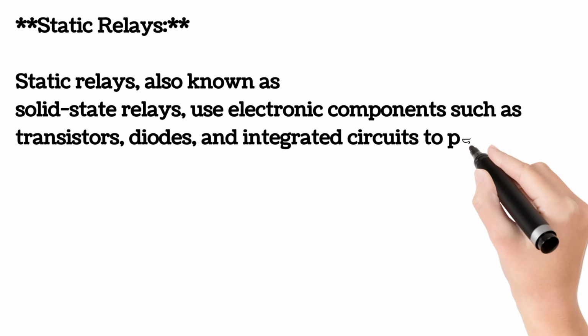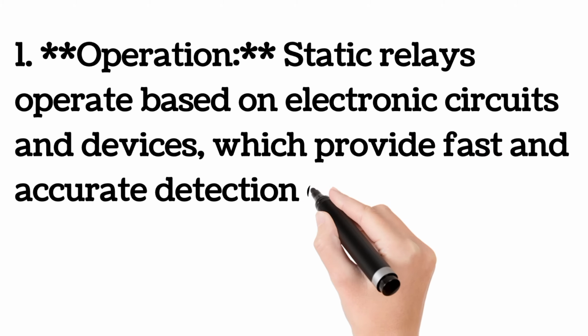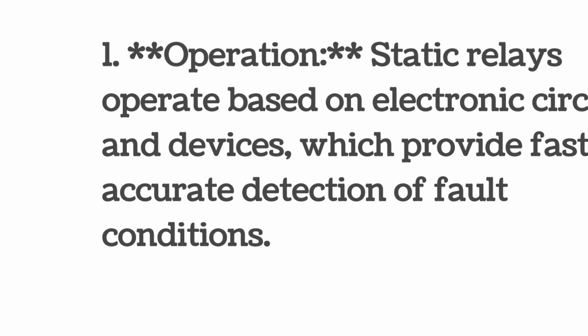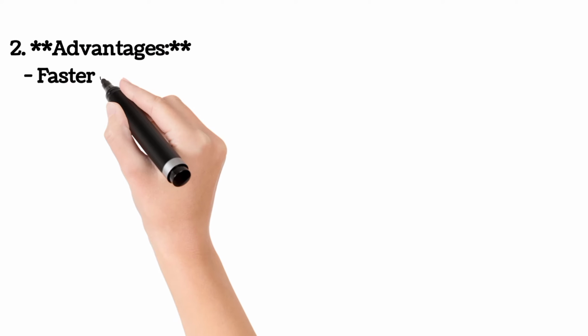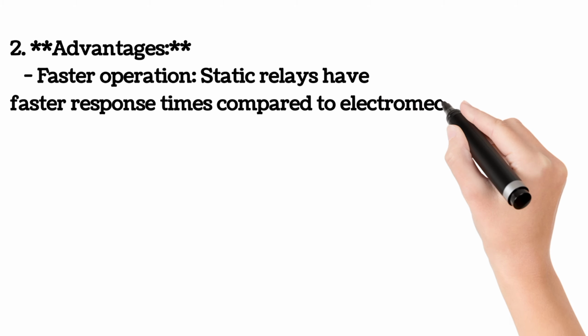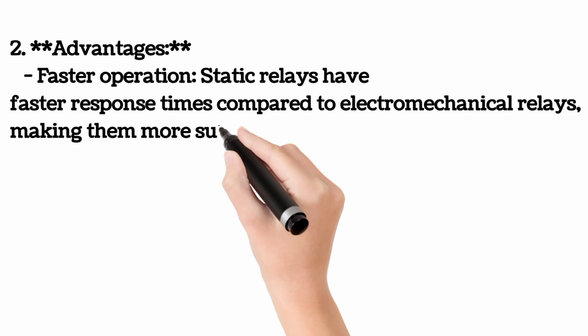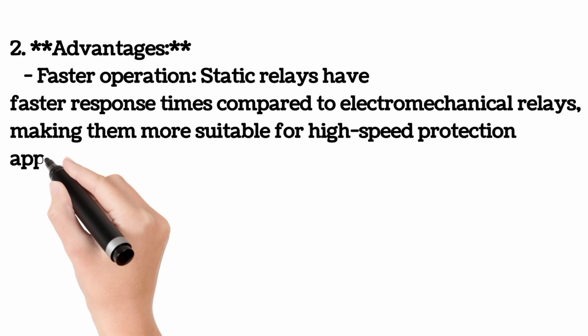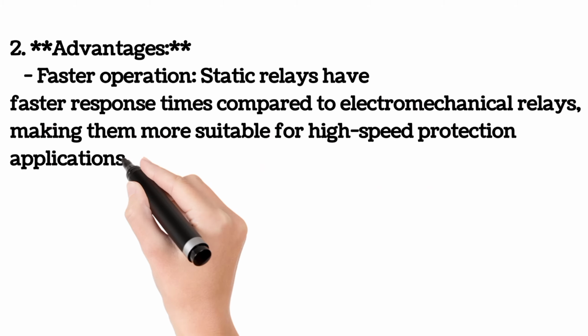1. Operation. Static relays operate based on electronic circuits and devices, which provide fast and accurate detection of fault conditions. 2. Advantages. Faster operation. Static relays have faster response times compared to electromechanical relays, making them more suitable for high-speed protection applications. Higher reliability.